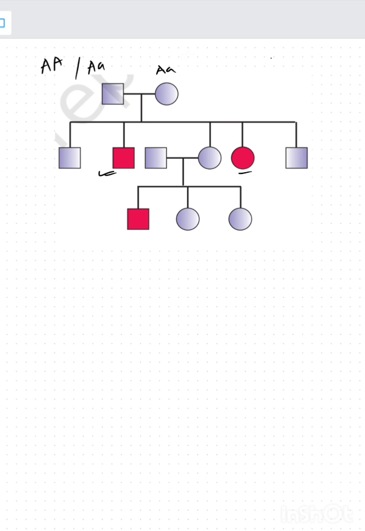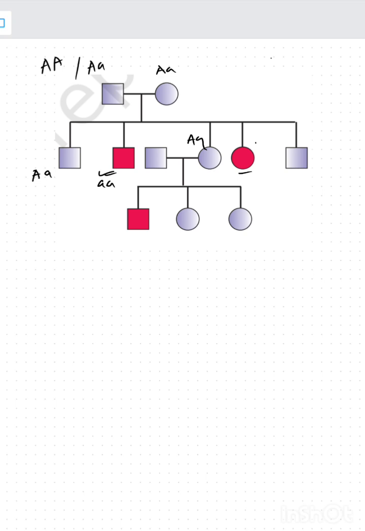Now the question is what is supposed to be in case of male, or father. Suppose you have taken capital A, small a. So what will be the probable genotype here? Capital A, small a, isn't it? Here also you can use small a. Here you can use capital A, small a.